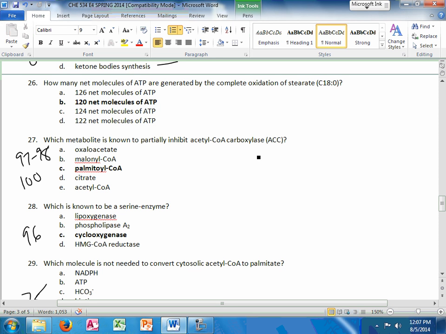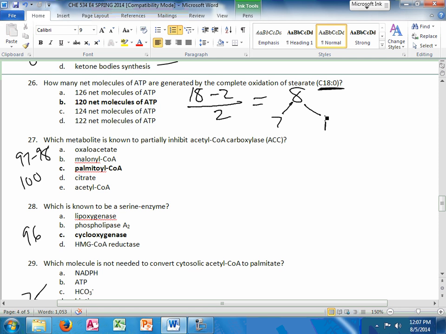How many net molecules of ATP are created by the complete oxidation of stearate? So to do this, you need to do 18 minus 2 divided by 2. So 16 divided by 2 is 8 rounds. So that means there's going to be 7 rounds plus 1 last round.